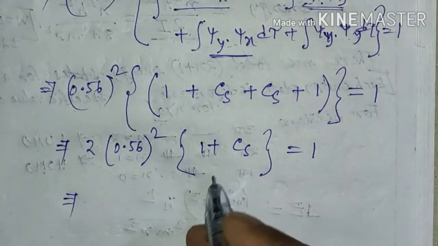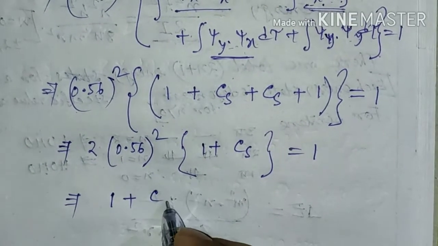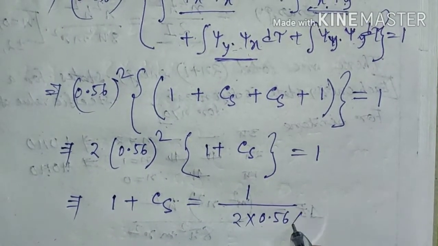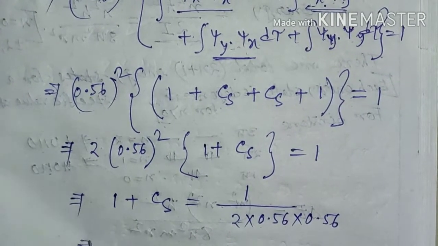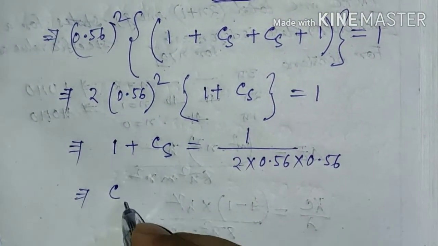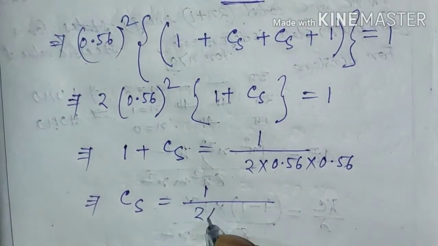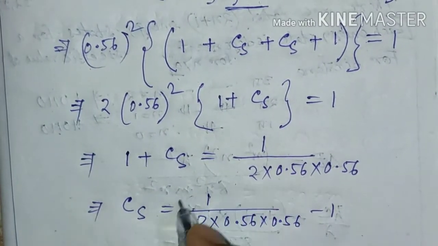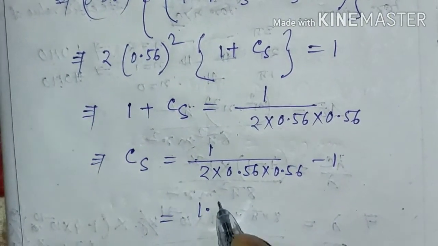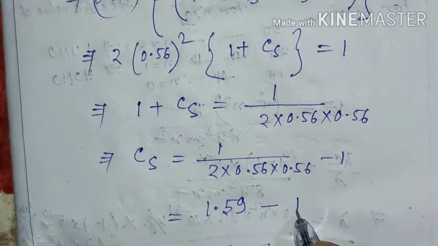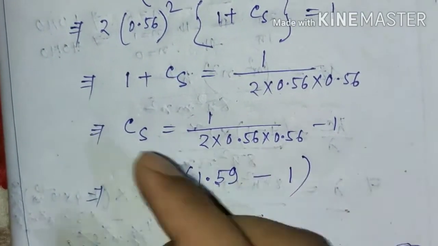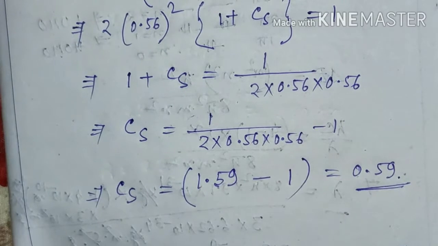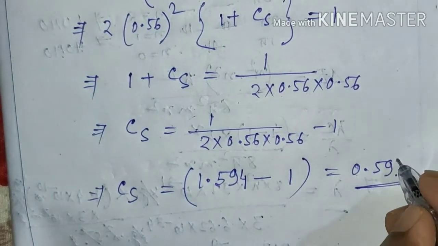Now if we solve this equation, we can write it like this, and if we calculate this value, we will get the value as 0.594.